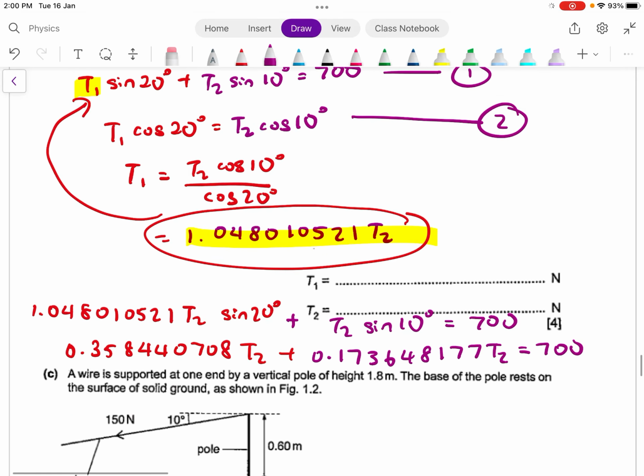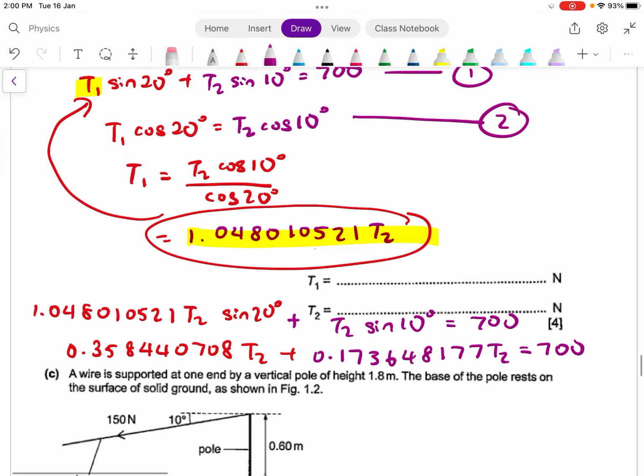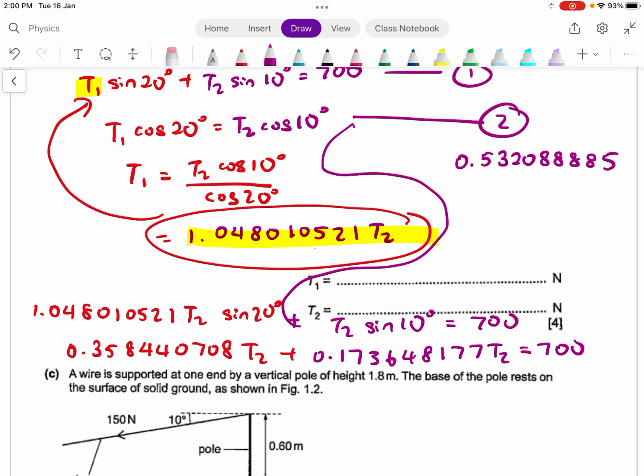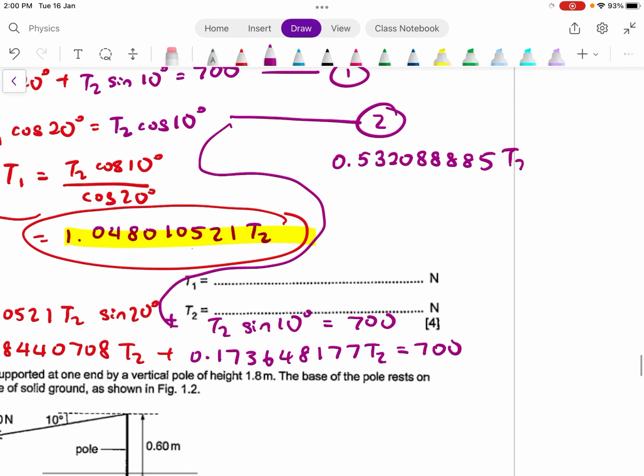The next part is just to solve, though it's a bit too many numbers already. Adding 0.358440708, I write here 0.532088885 T2 is equal to 700. So meaning that I just solve. This one, bring over 700.